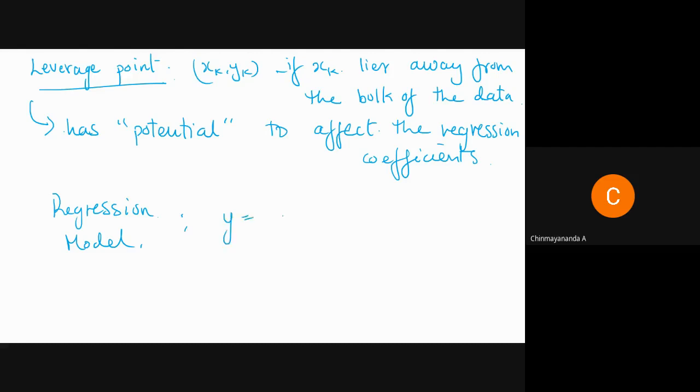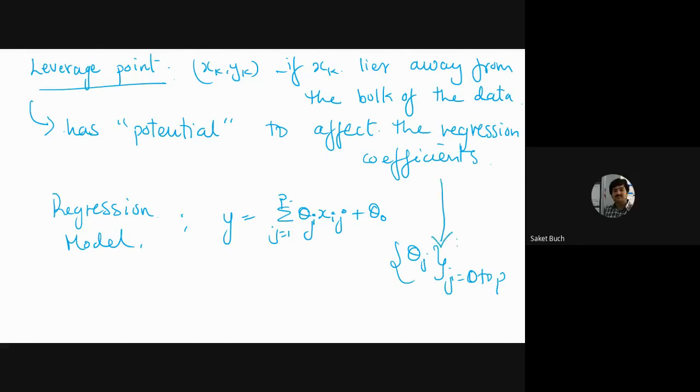Regression model is y is the sum of theta_j x_ij, j ranging from 1 to p, plus you can have some constant theta_0. So these are my coefficients, theta_j, j ranging from 0 to p, my regression coefficients. Right, y_i.